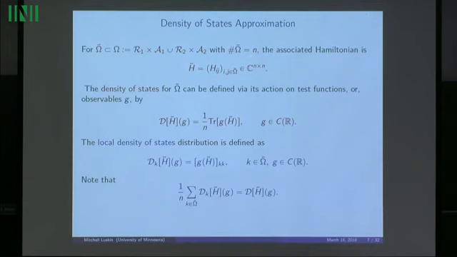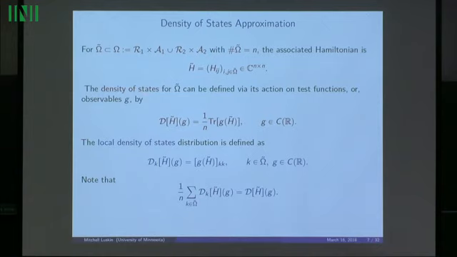Then we have a projected Hamiltonian that just takes the elements from our restricted set. Now we just have an n by n matrix, and we can define the density of states as I described last time.